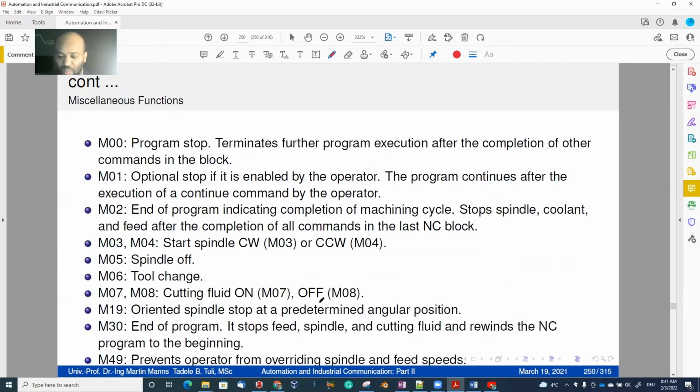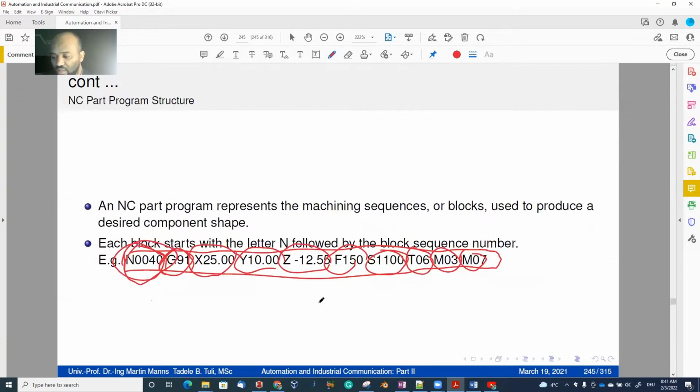Yeah, M07 is coolant on. This way you have this complete code. Then the machine says, okay, go to line 40, apply incremental positioning, then put X along 25, Y along 10, Z along minus 12.5, F at 150, and so on.